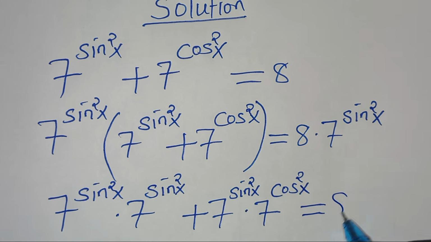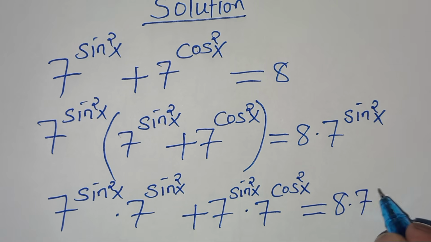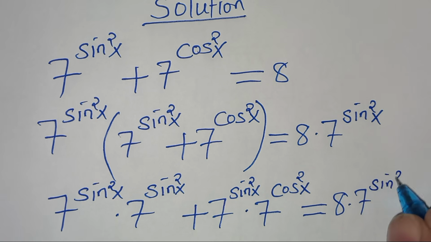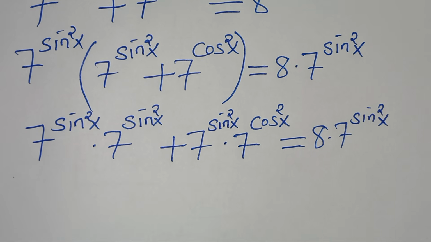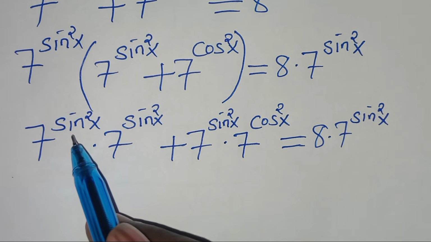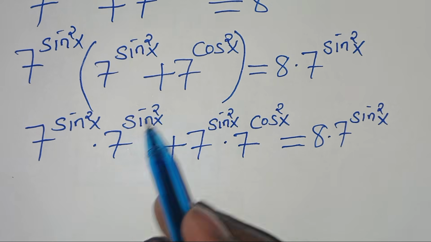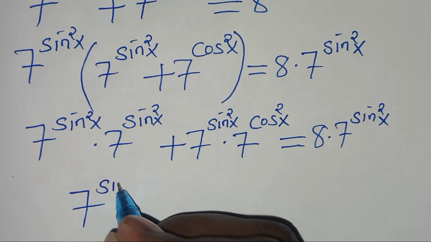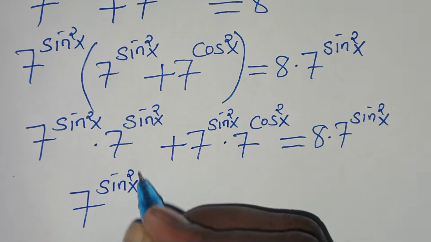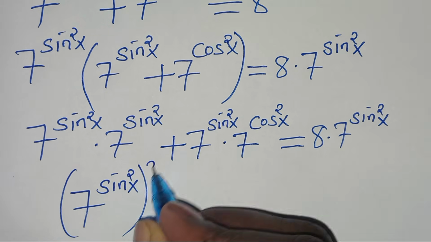This is equal to 8 multiplied by 7 raised to the power of sine squared x. Now, 7 to the power of sine squared x times 7 to the power of sine squared x is the same thing as 7 raised to the power of sine squared x, everything here raised to the power of 2.